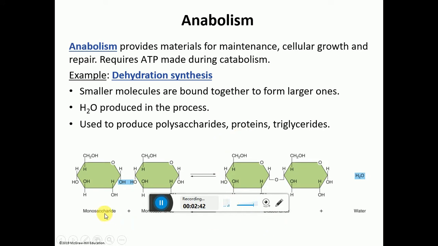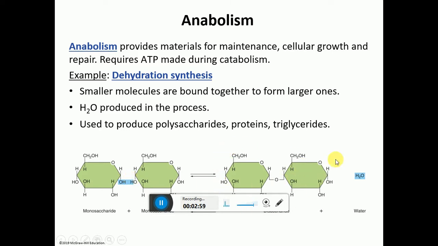So saccharide pretty much means sugar. Mono means one. So this is one molecule of sugar and there's another molecule of sugar. And you remove the water molecule, that blue highlighted molecule, you've removed that. That is known as dehydration.